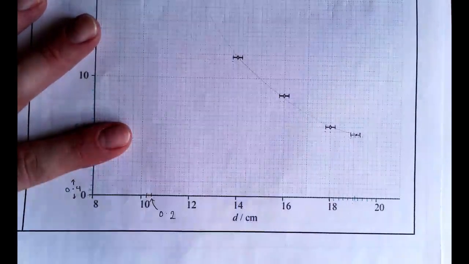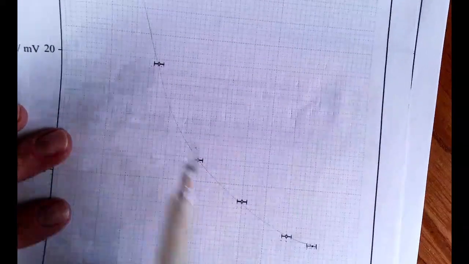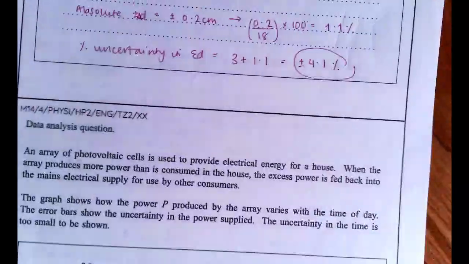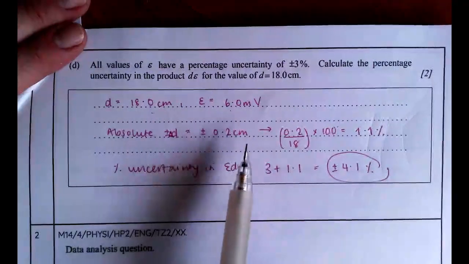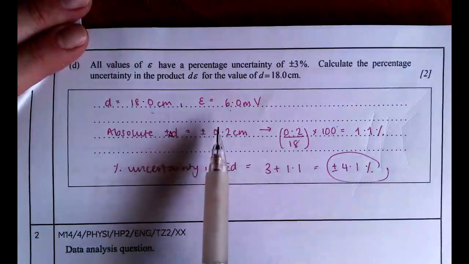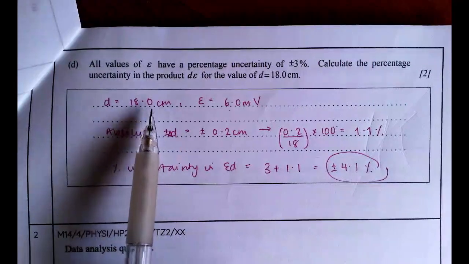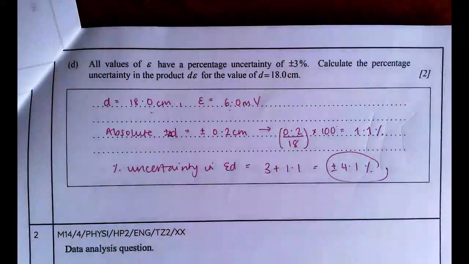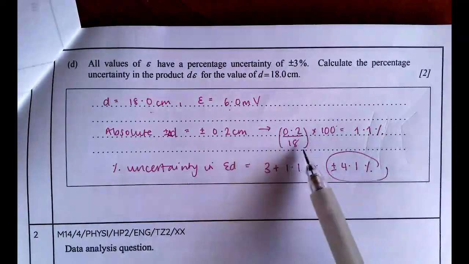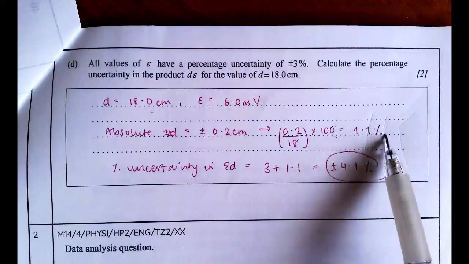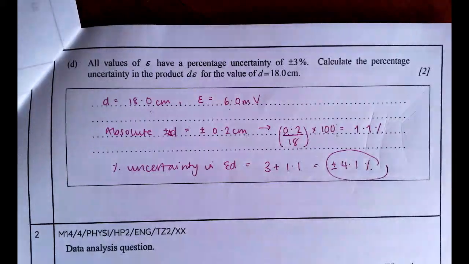Okay, so that's how I get my absolute value. I take the error bars and I can see that it's plus or minus 0.2. I then need to find 0.2 as a percentage of my value to get the percentage uncertainty. Okay, so I do the 0.2 over the value, multiply it by 100 and I get 1.1%. Okay, and that's in D.